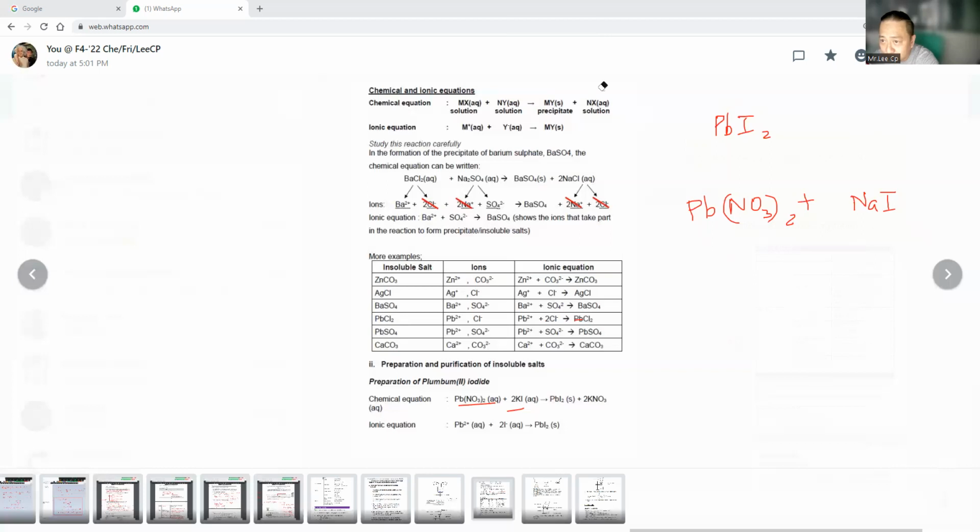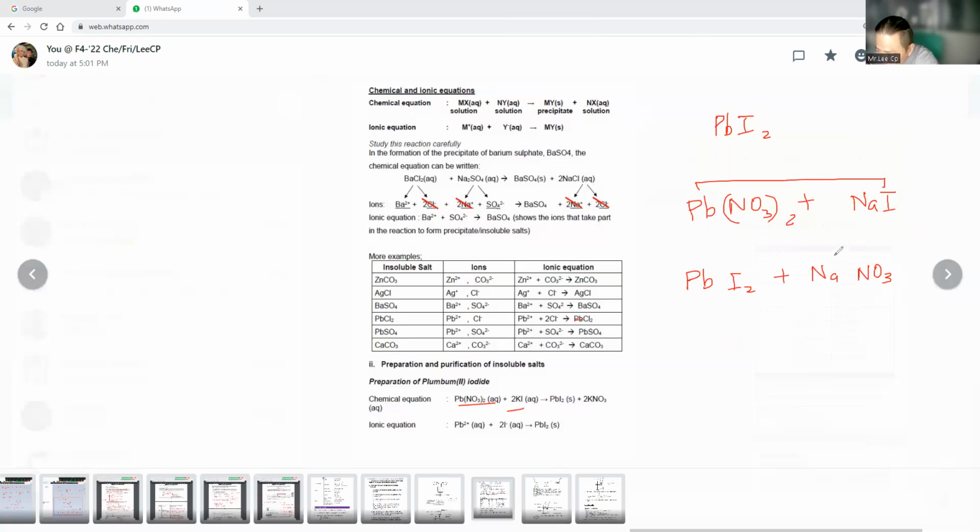So you get this equation. So you need to balance the equation. So when you balance the equation, it is Pb and I. So you get PbI2. Na and NO3. No need. Na is plus.